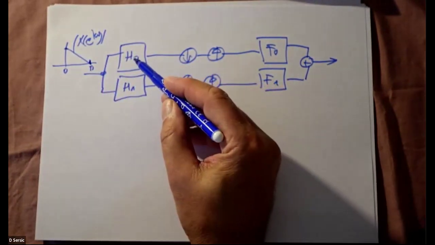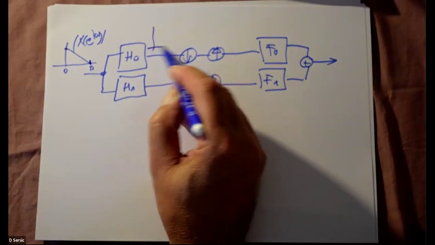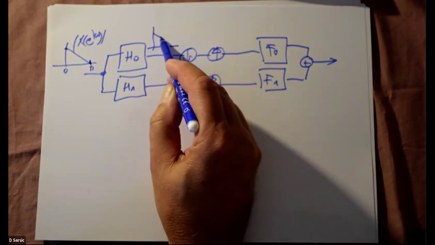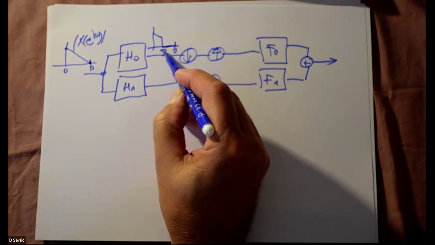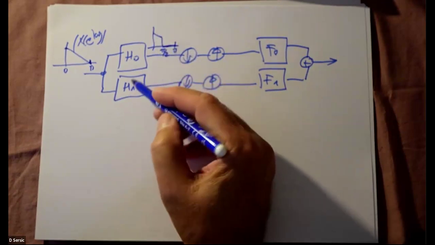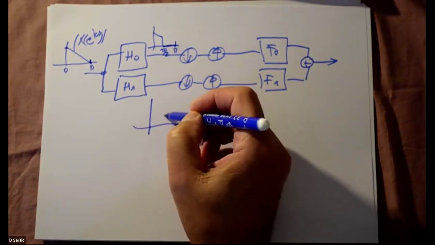We apply an ideal low pass filter. So what we have right here is something like this. Only half passes, so we cut it. And this is the ideal high pass filter, so only this part remains.